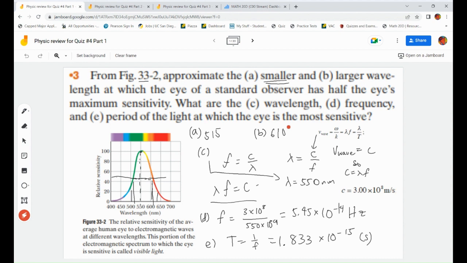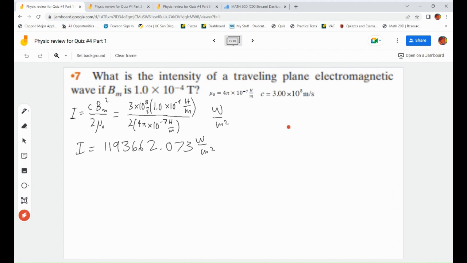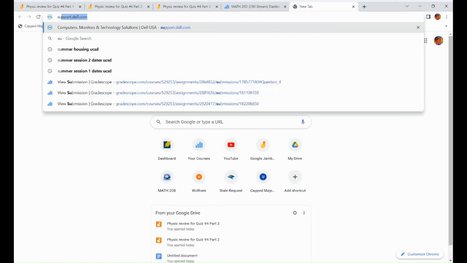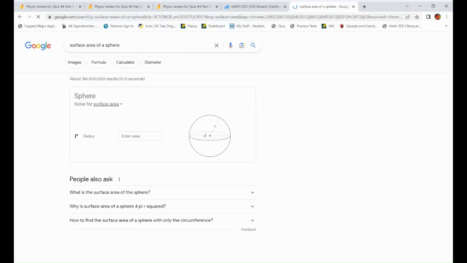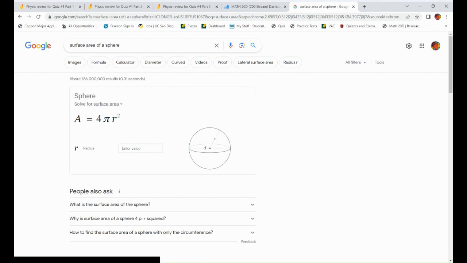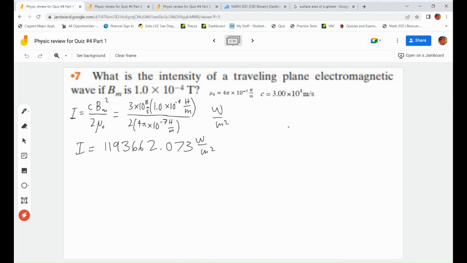For example, the next equation sheet doesn't have area formulas, so I'm gonna have to prepare myself to memorize all of them. Basically, the surface area of a sphere, generally 4 pi r squared, is a good one. I'm gonna have to memorize that because I don't trust the professor to put that in the equation sheet, since I don't see it there. Therefore, I need to memorize it.